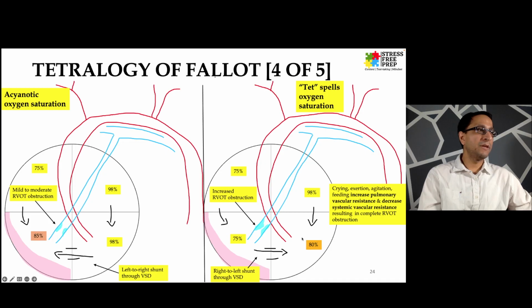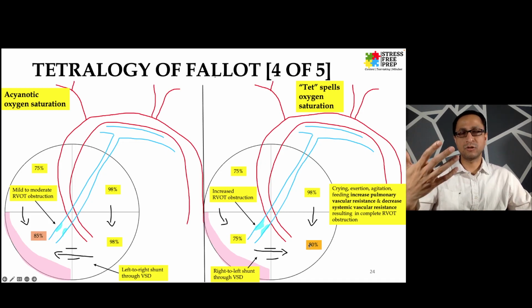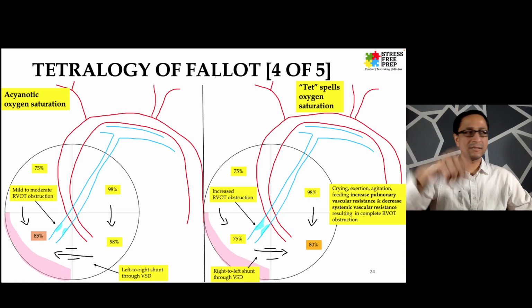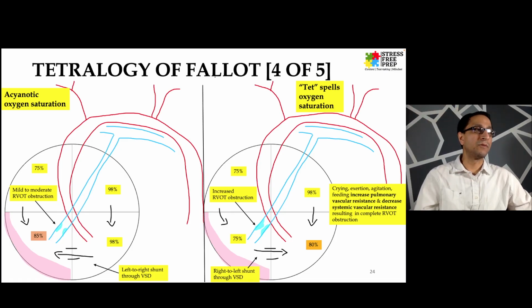And you see how in the left ventricle, normally the left ventricle has a higher oxygen saturation because it's receiving it from the lungs. Here we have a step down. We have 80% compared to, let's say, a normal of 98%. So we have a step down of the oxygen saturation because of the blood coming in from the right side. So now this is a right to left shunt through that VSD.